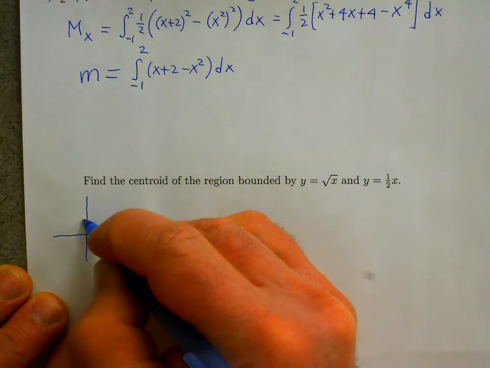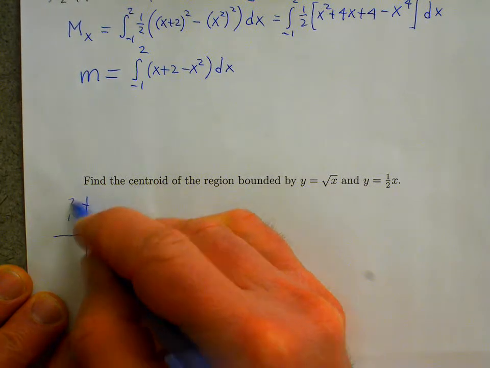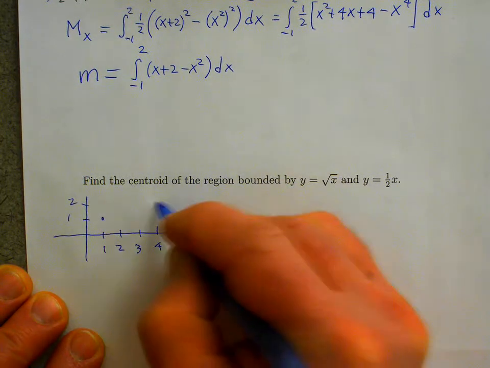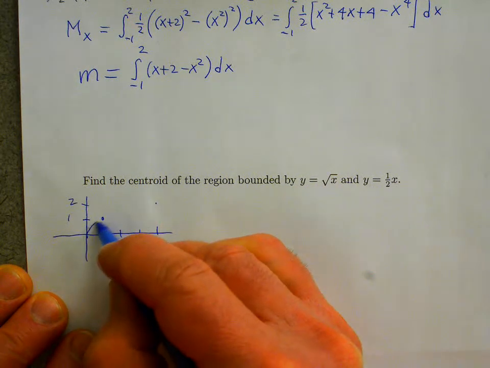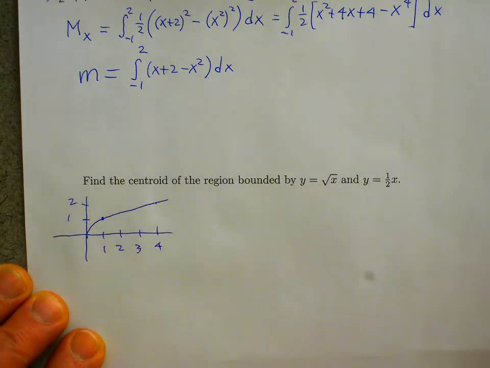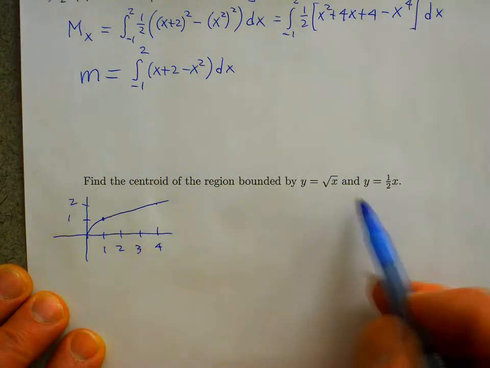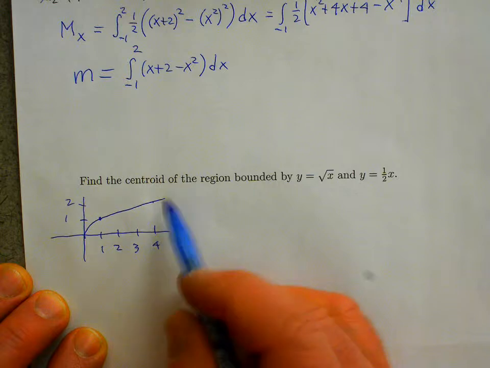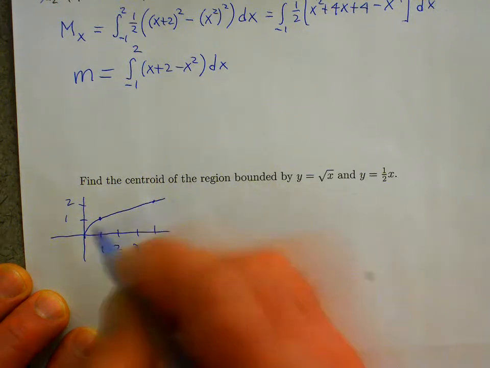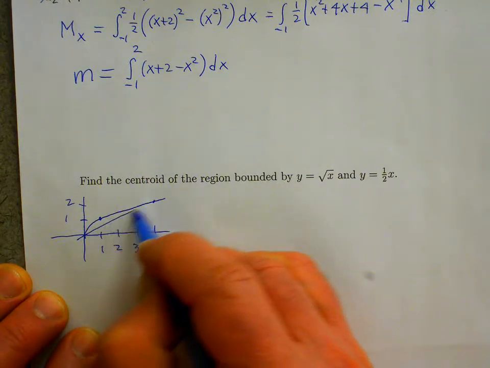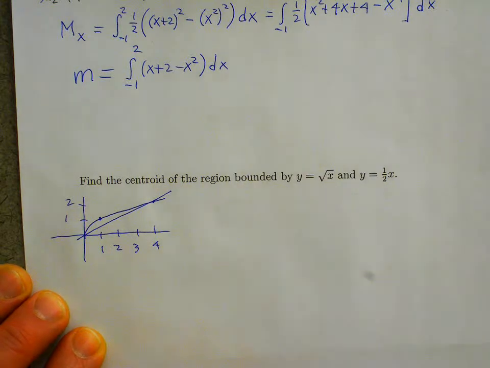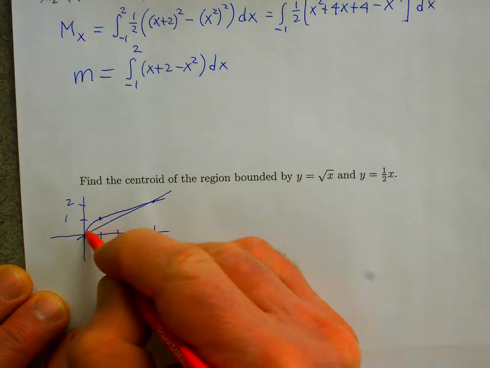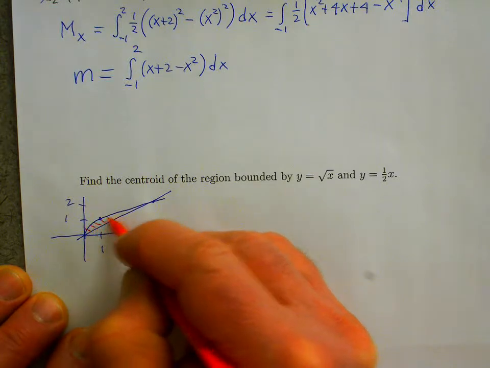The graphs of those two functions intersect. The square root of x looks something like that, it's half of a parabola, and 1/2 x looks like this. So we have this tiny region here that we want to find the centroid of.